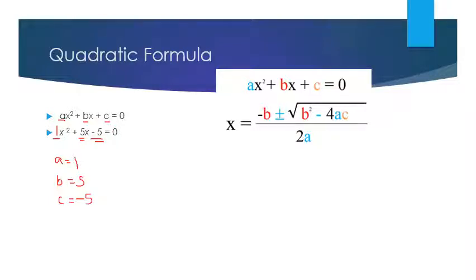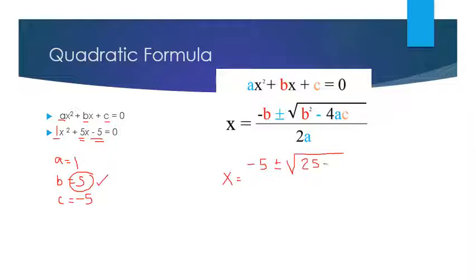Here's how the equation would work. x equals negative b. Well, my b was positive 5, so negative 5, plus or minus. You'll notice that many of your solutions are going to be plus or minus because of the square roots involved. The square root of b squared, well, my b was 5. 5 squared is 25.